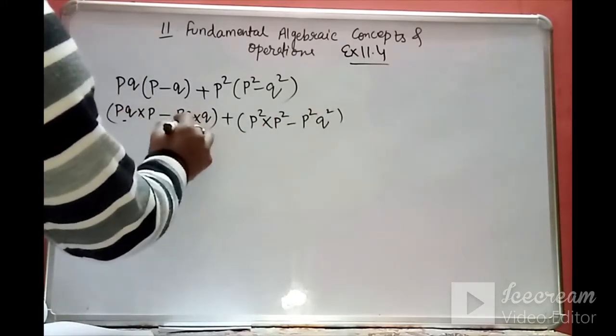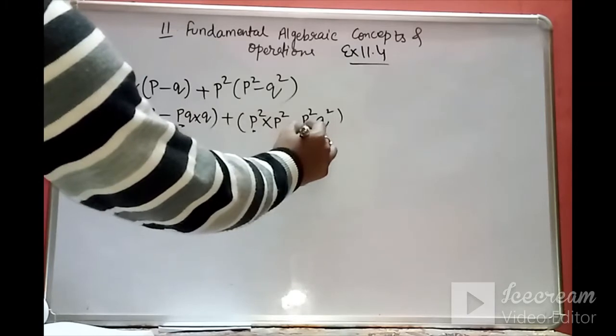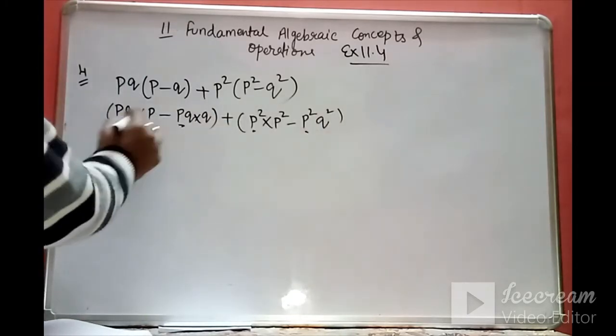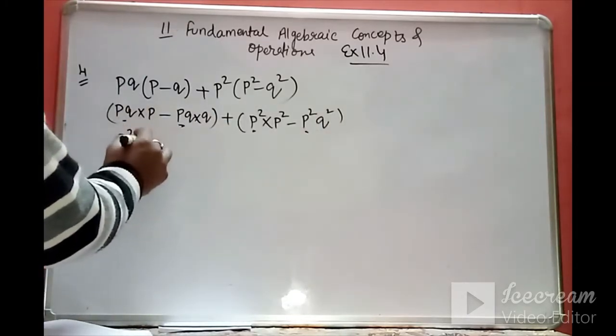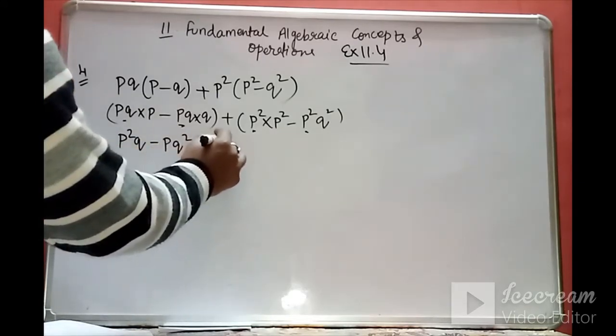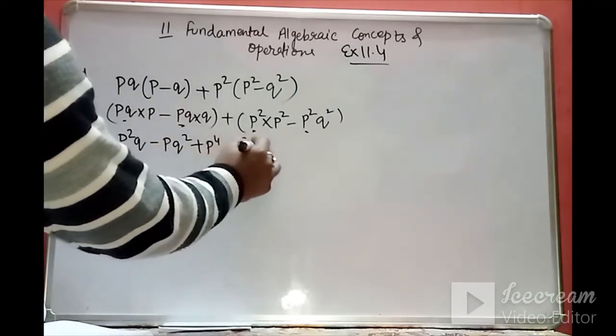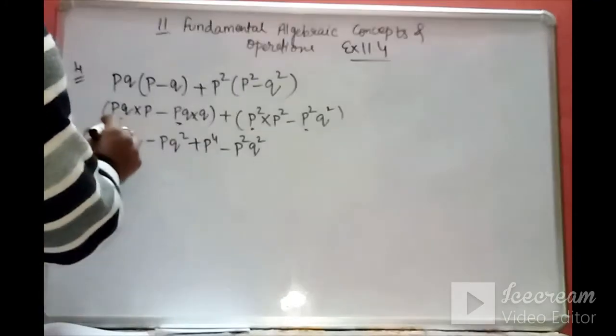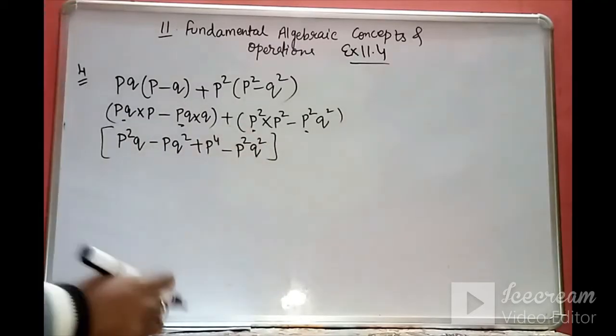Okay, these terms I have taken in the bracket. So this will give you P square Q minus PQ square plus P to the power 4 minus P square Q square. So this will be our answer.